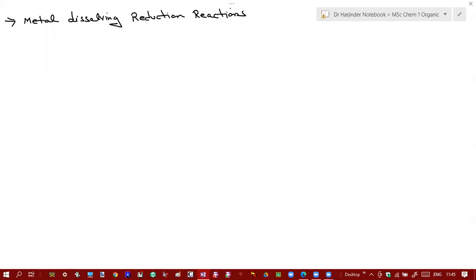So now the next topic is metal dissolving reduction reactions. We have already done metal dissolving reduction, and that was, if you remember, Birch reduction.